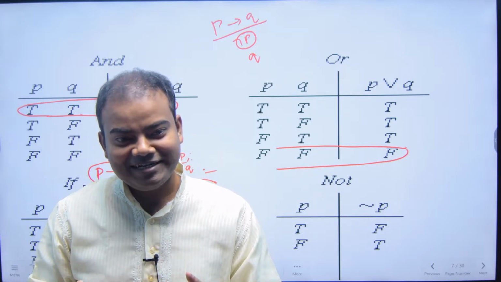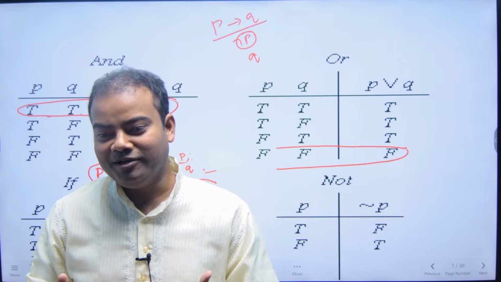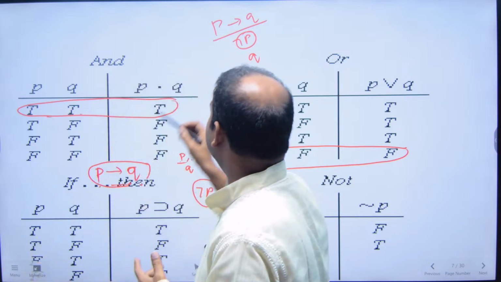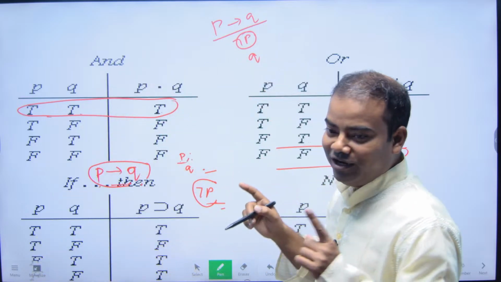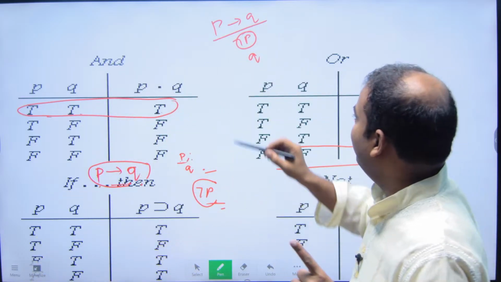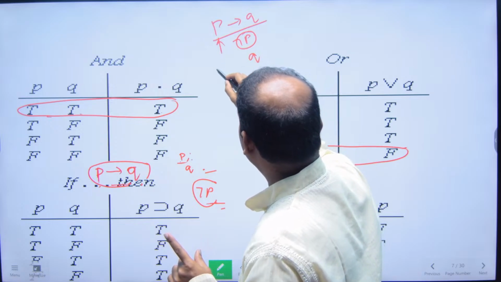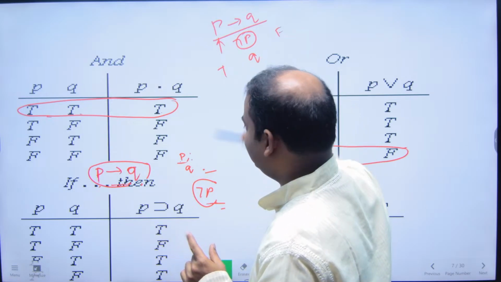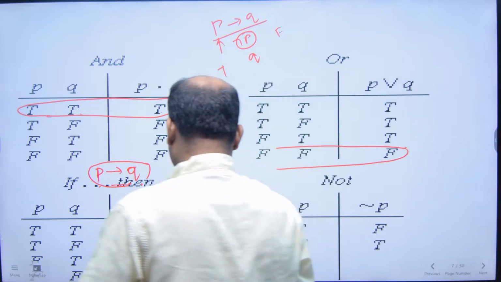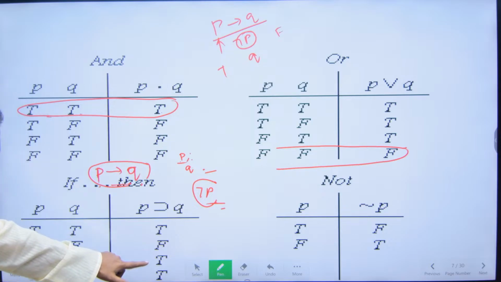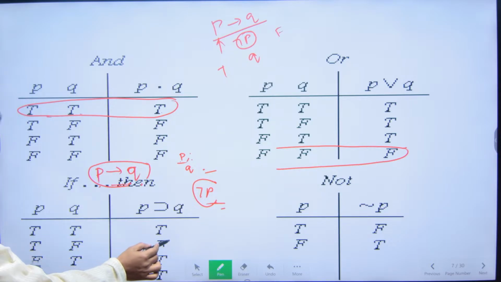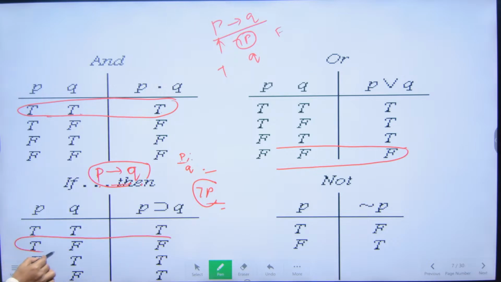Means conditional statements are more probably true. This conditional statement is false in only one condition, when P is true and Q is false. So you look here, this is false in only one condition, otherwise conditional statements are always true.